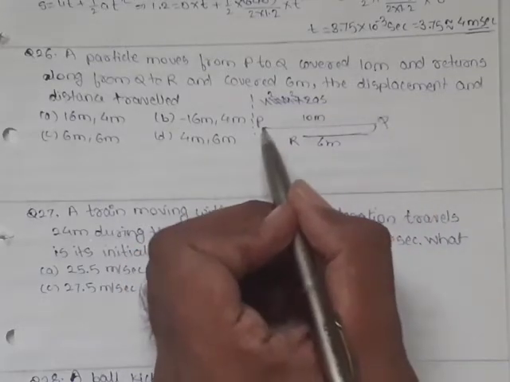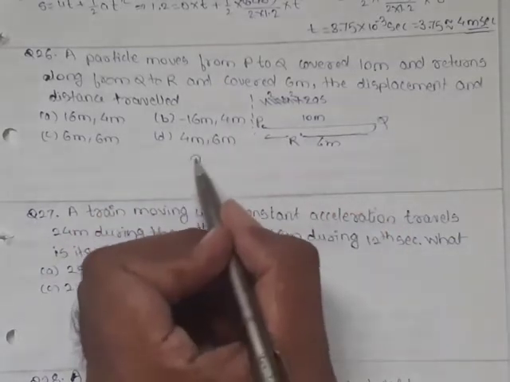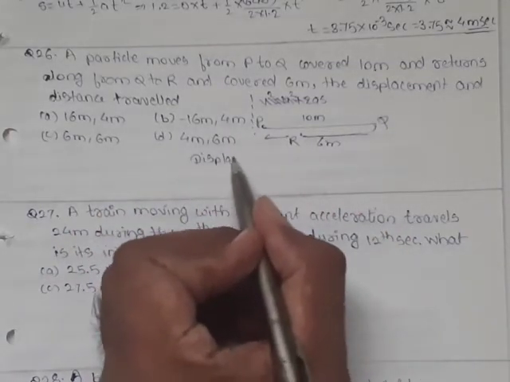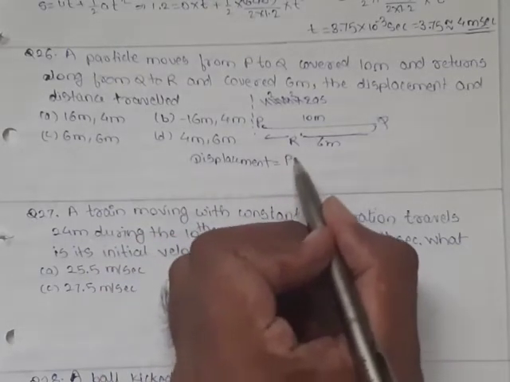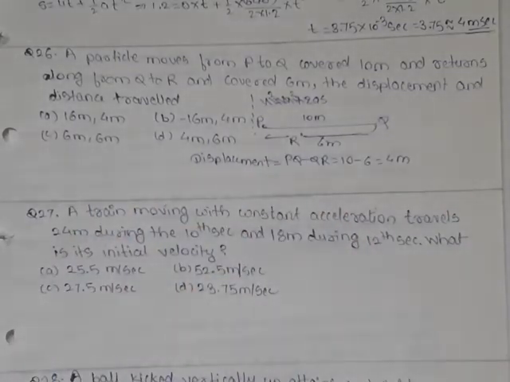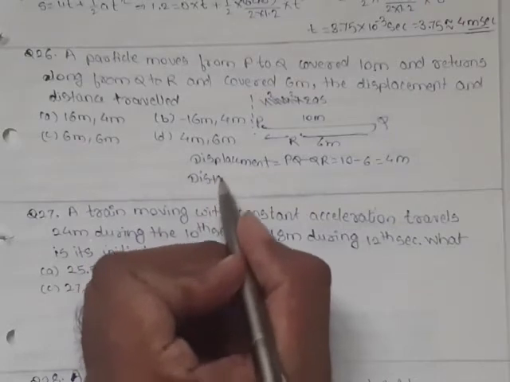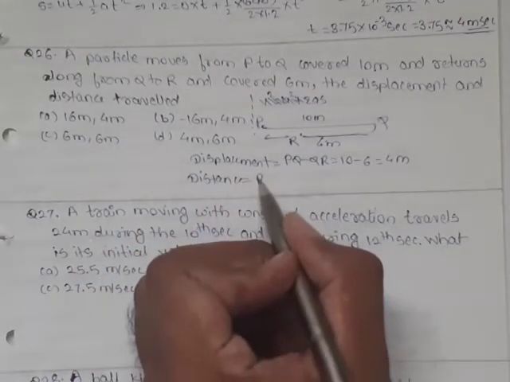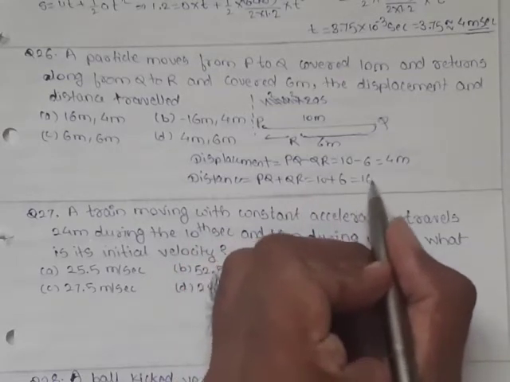Displacement is the change in position from P to R. So displacement can be written as PQ minus QR, or 10 minus 6 equal to 4 meter. Means we want to find the change between P and R position. It is 4 meter. And distance traveled is the length of path, and it is simply PQ plus QR, which is 10 plus 6 equal to 16 meter.